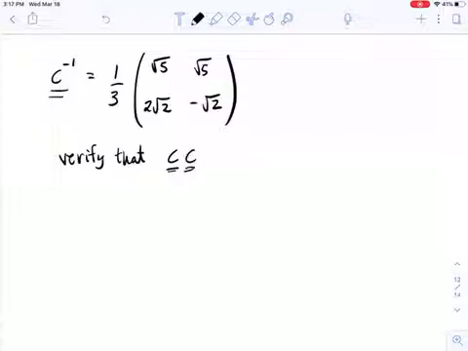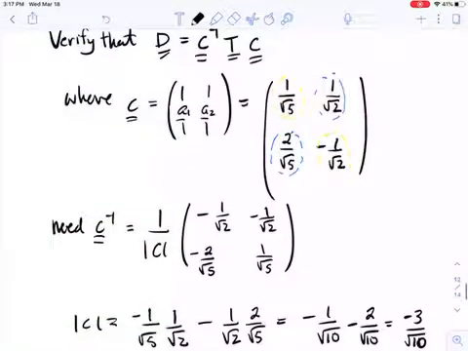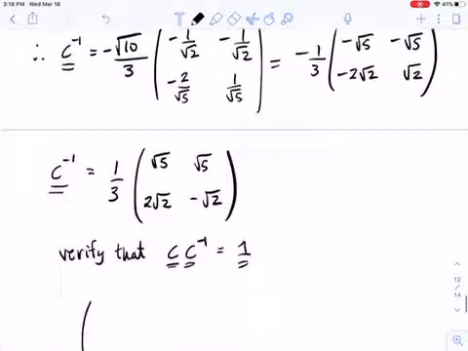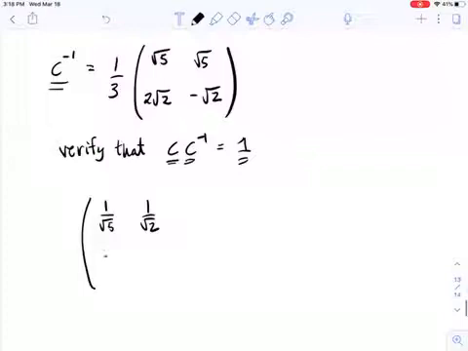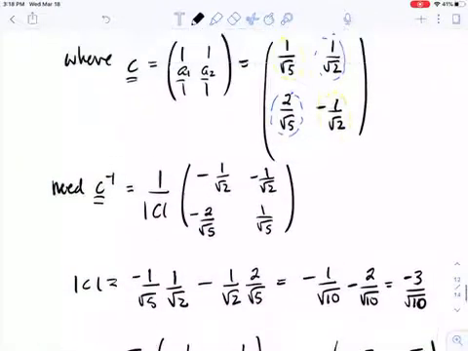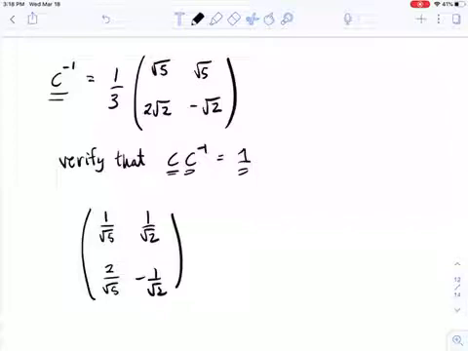C was root 5, root 2, 2 root 5. Okay, so 1 over root 5, 1 over root 2, I think, was it 2 over root 5, and then minus 1 over root 2? Let's just go check. Let's make sure.